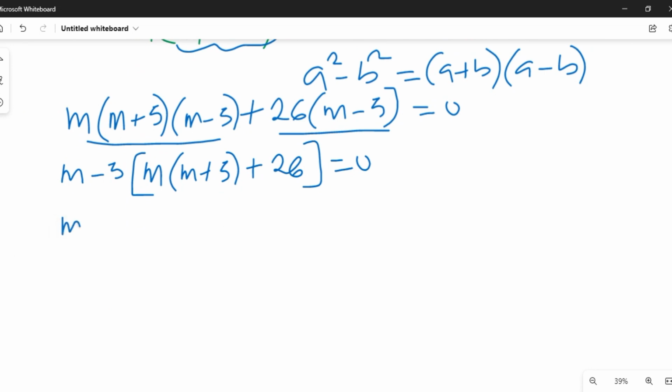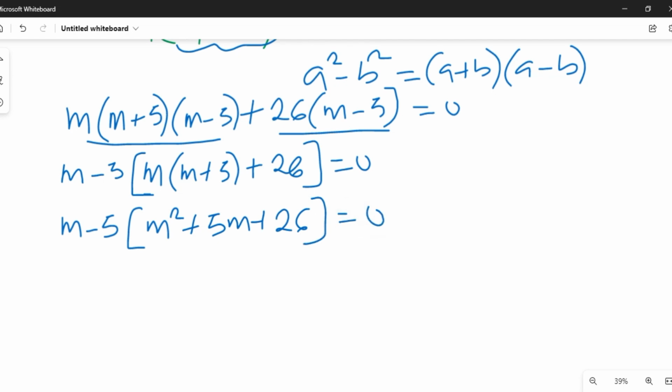We'll have m minus 5 in bracket. This multiplied by this will give us m square. M times 5 will give us plus 5m plus 26, and this will be equal to 0.